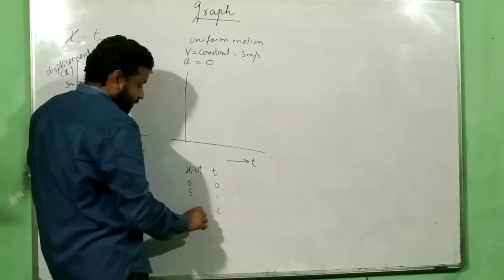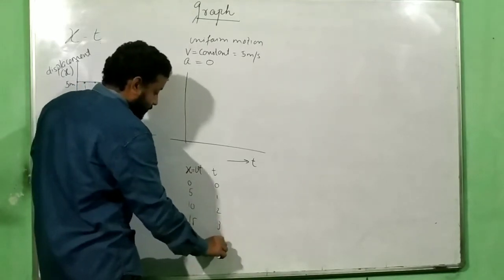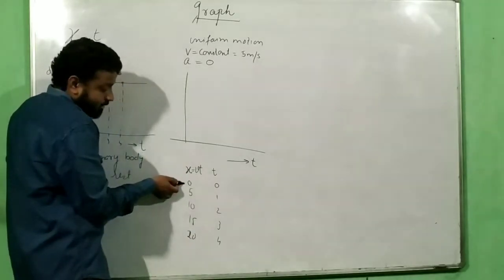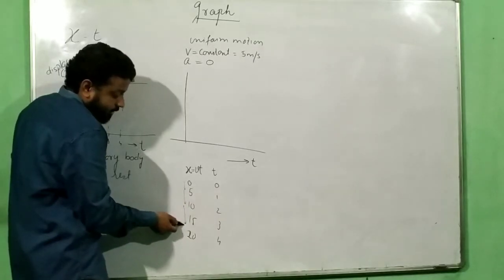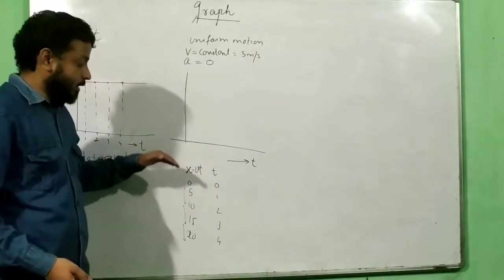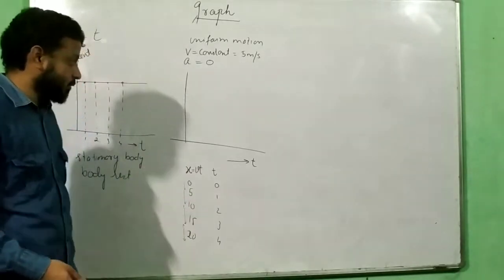When this is 2, this becomes 10. When this is 3, it becomes 15. When this is 4, it becomes 20. You can see that it is always increasing at a uniform rate: from 0 it becomes 5, from 5 it becomes 10, from 10 it becomes 15, from 15 it becomes 20.